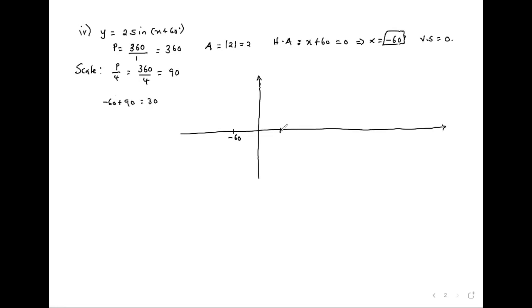So you go to 30. To 30, you add 90. So 90 plus 30, that is 120. 120 plus 90, you get to 210.